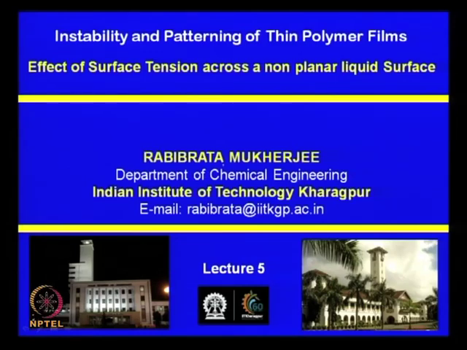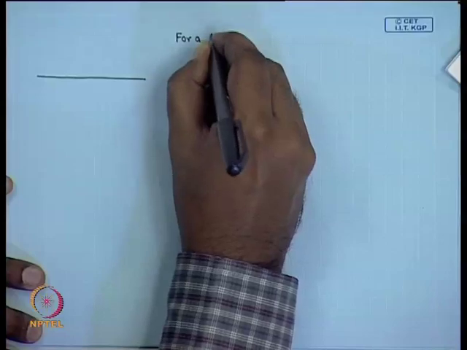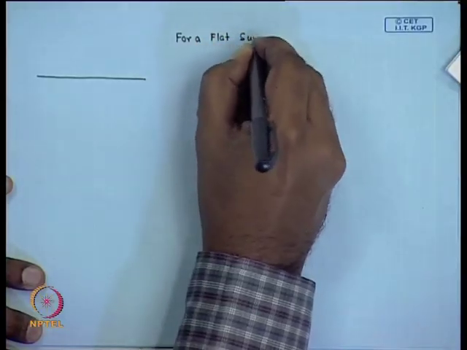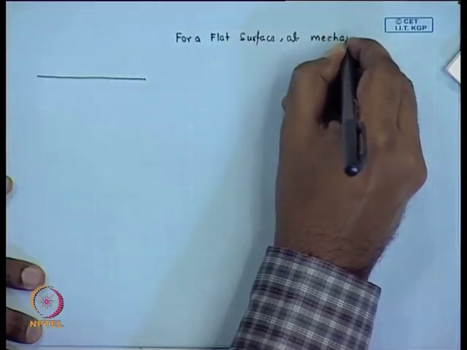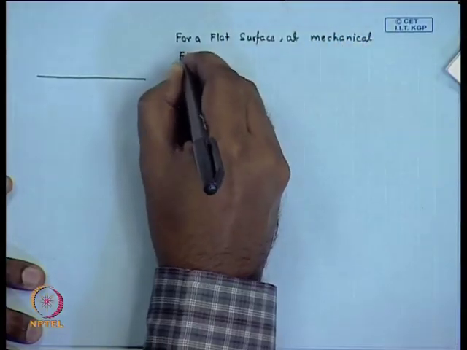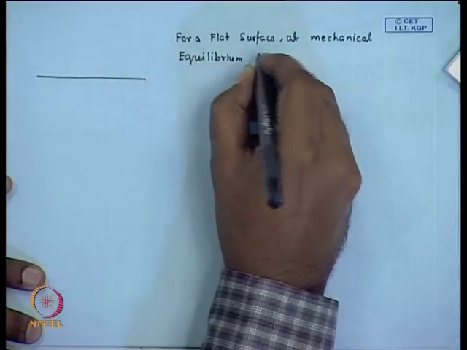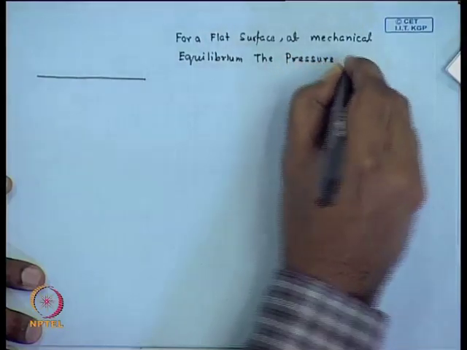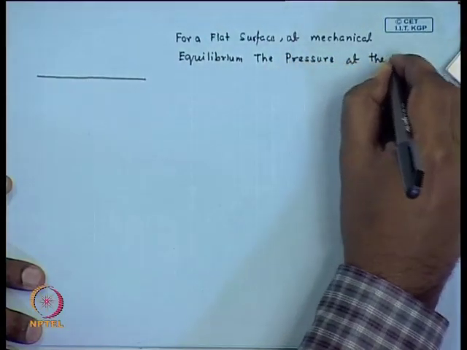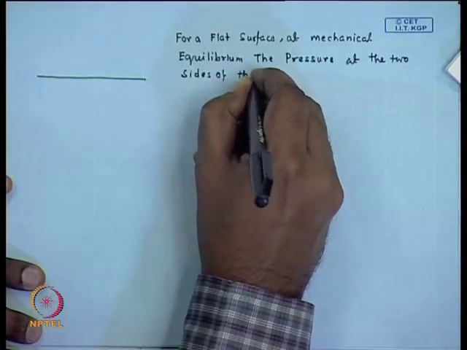So, this is something what we all understand. For a flat surface, at mechanical equilibrium, the pressure at the two sides of the interface are same.